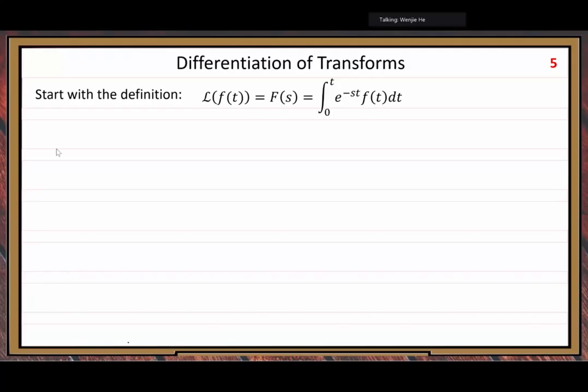Then remember, in one of the topics we studied before, when we take differentiation on this integration, there is a consideration: interchange.